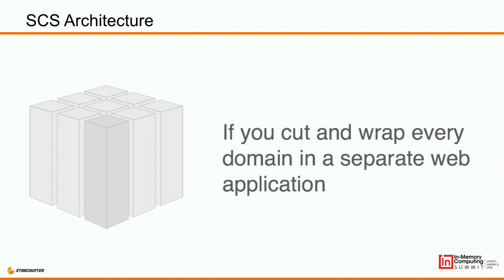So if you cut a monolith system along every domain and wrap every domain into a separate, replaceable web application, then such an application can be referred to as a self-contained system, which we're going to talk about today.